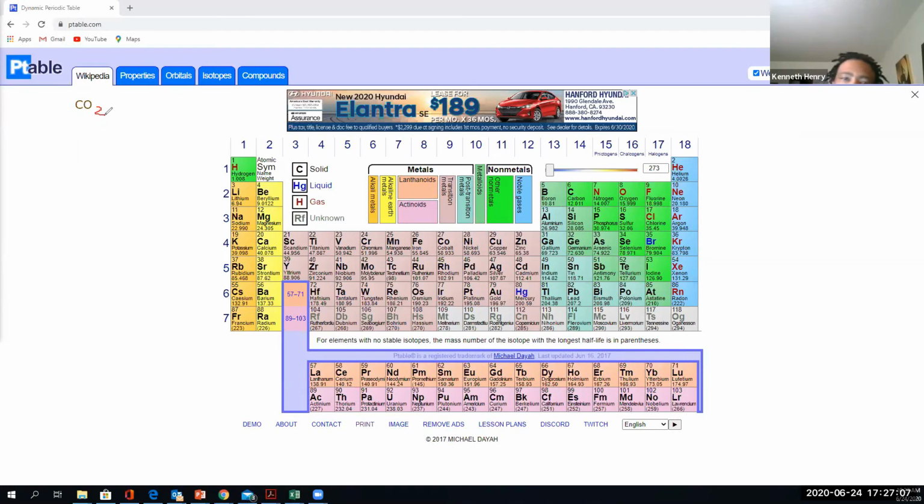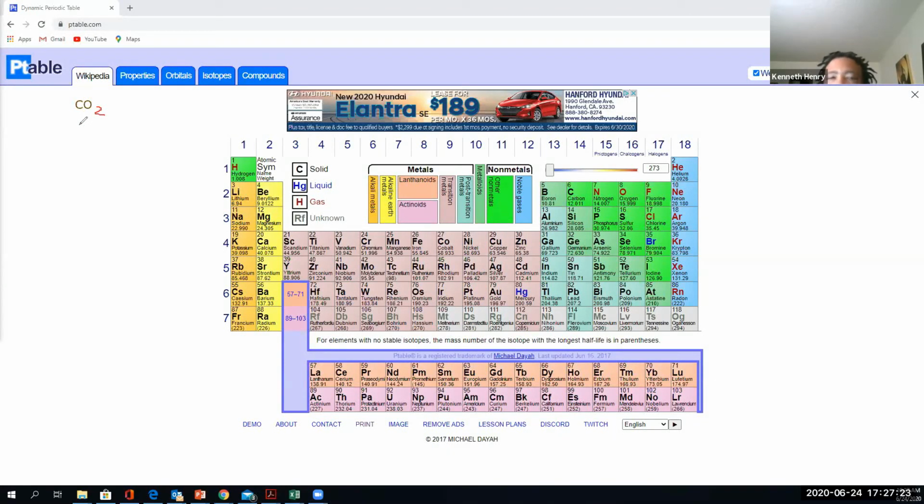So we have carbon dioxide, right? There's a couple of rules that we need to remember, and then I'm going to tell you the quick way of doing it rather than the long way. There might be some exceptions, but overall, we'll get it to work out, okay?